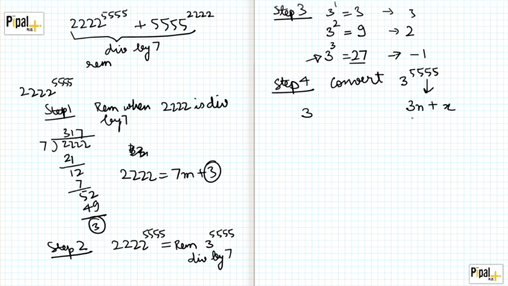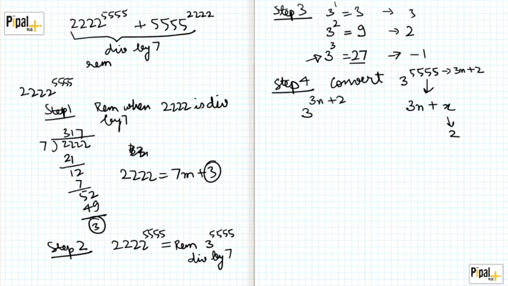So I must divide 5555 by 3 and see what the remainder is. When I divide it by 3, I get 3 times 1 is 3, 25, 3 times 8 is 24, 15, 3 times 5 is 15, 3 times 1 is 3, it leaves me remainder 2, right? So essentially 5555 is of the form 3n plus 2.